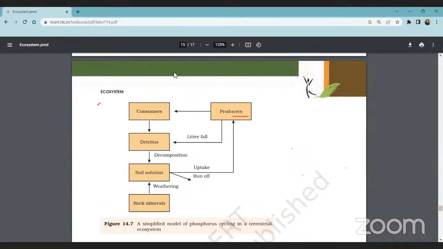It is a cycle that goes on: in the phosphorus cycle, phosphorus goes from soil to plants, then to animals, and again enters the soil. That is about the phosphorus cycle.